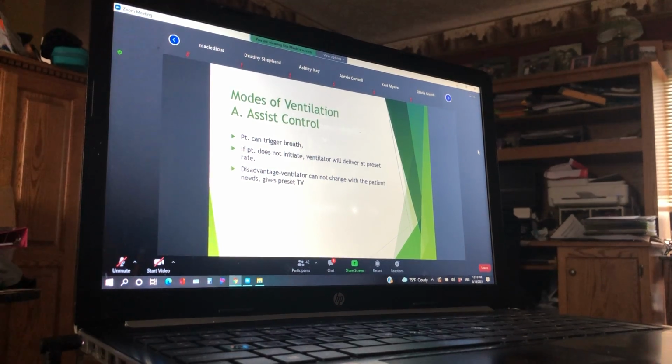So the disadvantage to having an assist control or an ACV type modality is that you personally can make no adjustments. So if you want to take a nice deep breath, the ventilator won't let you do that. It's a preset rate, a preset volume.